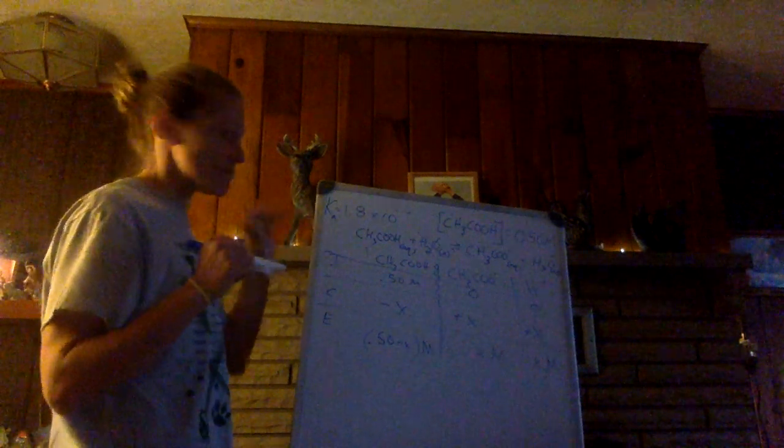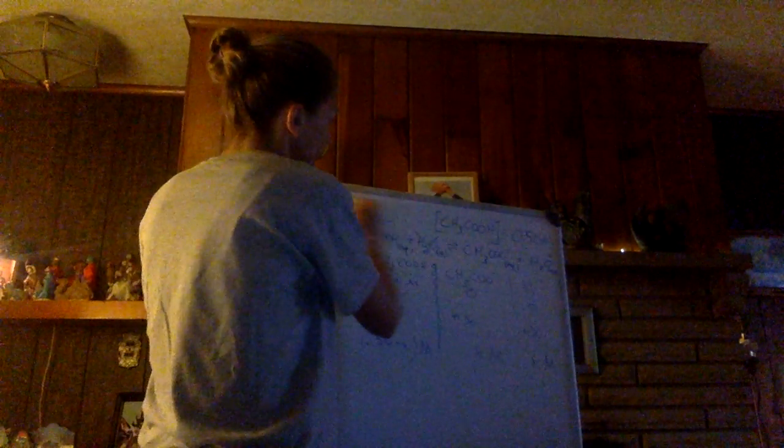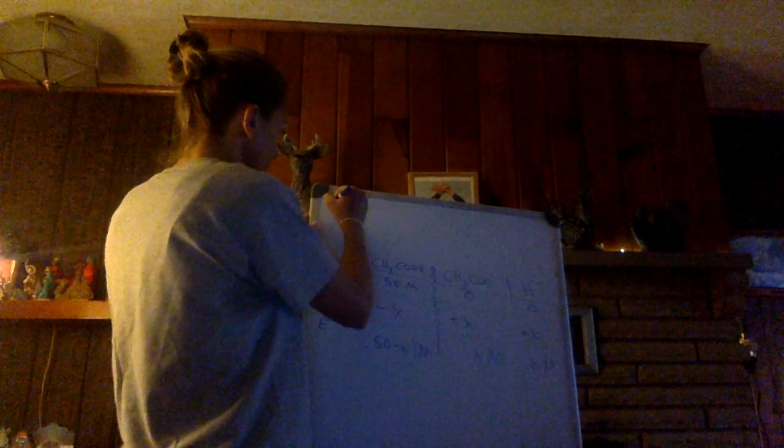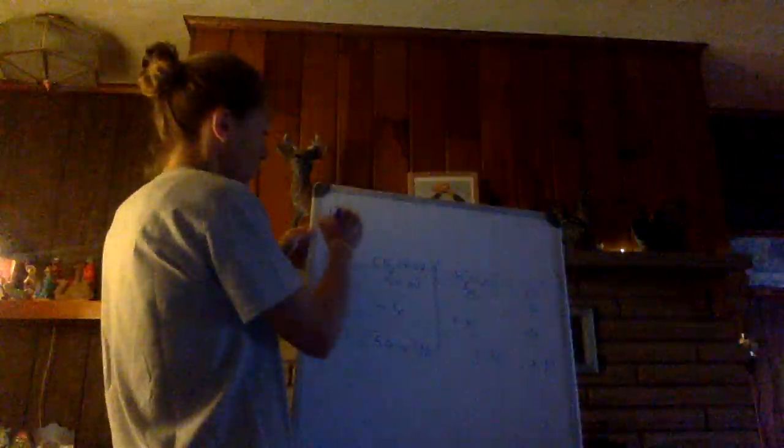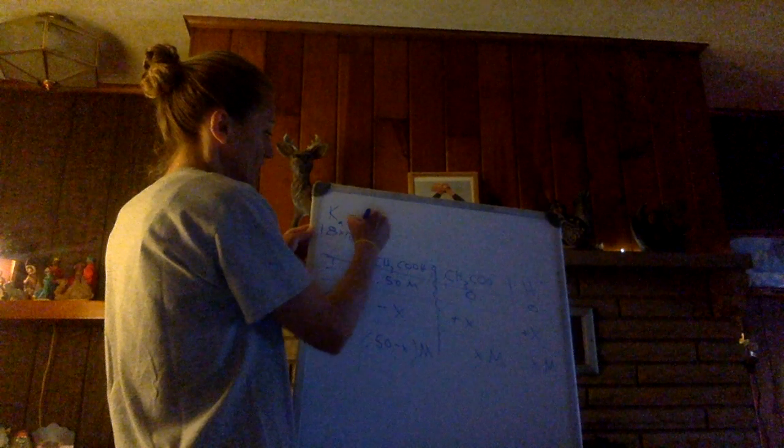All right, I'm going to take this mess at the top off and put your Ka stuff up there. I've got your value at 1.8 times 10 to the negative fifth. You were given that. So I'm going to use that up here to rewrite my equation just to make sure you guys can see. So my Ka is going to be 1.8 times 10 to the negative fifth.